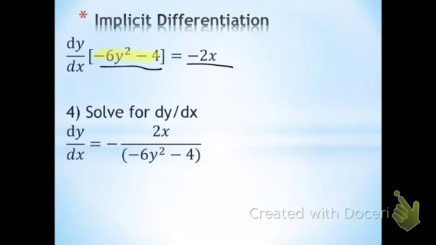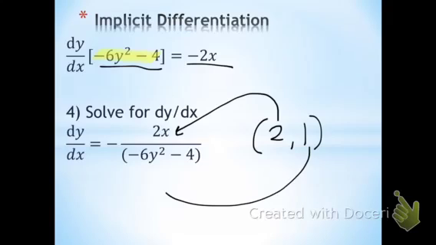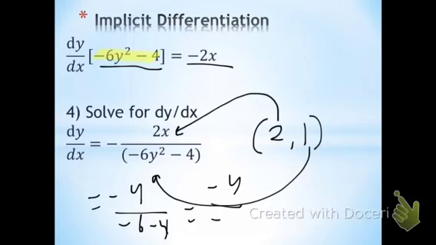So if I asked you what was the slope of this equation at the point 2, 1, you would simply plug that in for the x, that in for the y, and do your math, giving you a negative 4 over a negative 6 minus 4, which is going to be a negative 4 over negative 10, or a positive 2/5.